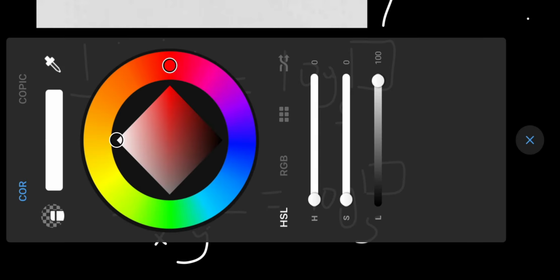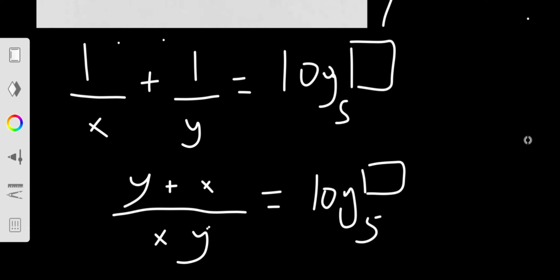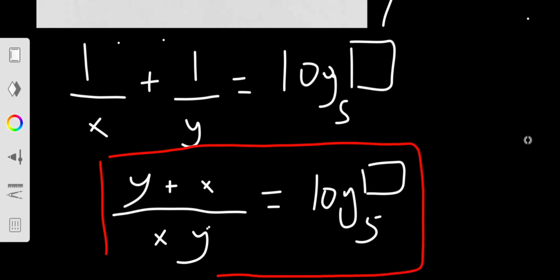So this is our information, okay? This is our question. We are going back to it. Why did I put it in red? Because we are going back to this one, okay?